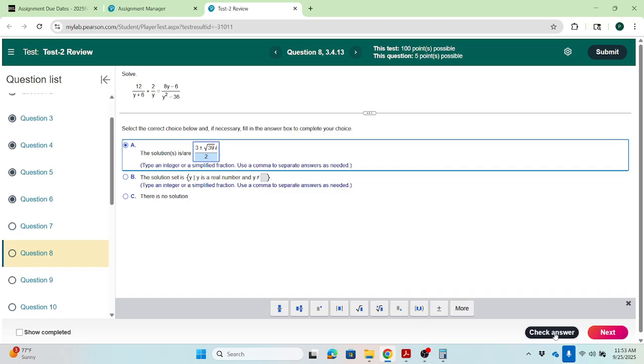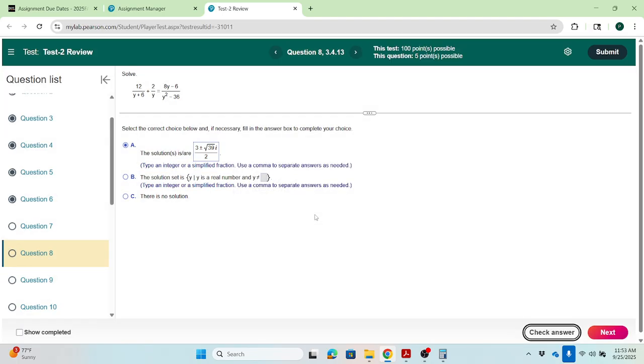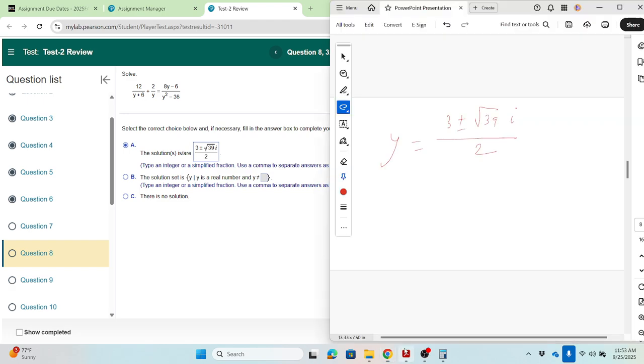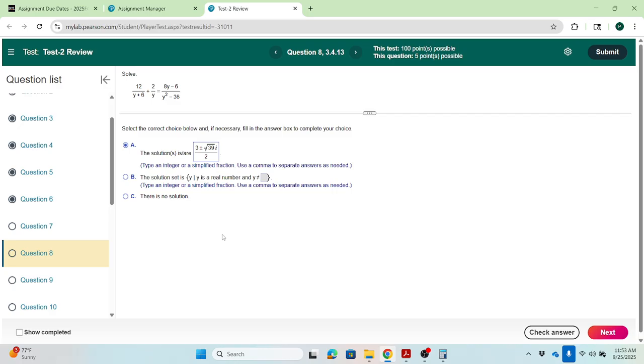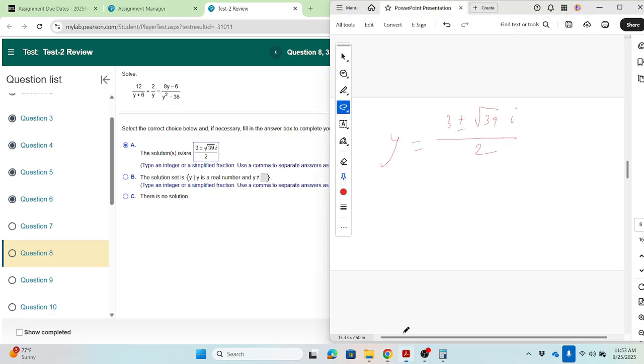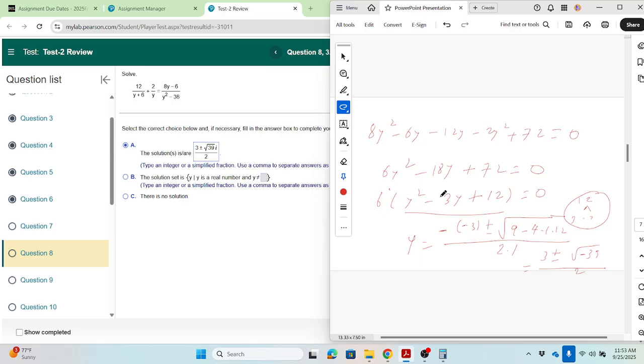So these are the solutions. Okay, I don't know what happened. Maybe the notation was not properly written. 3 plus minus square root of 39i. Type an integer or simplified fraction. Okay, I think it's not going to take my imaginary solution.